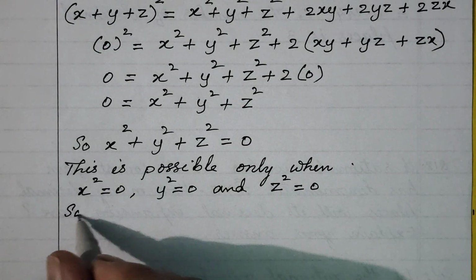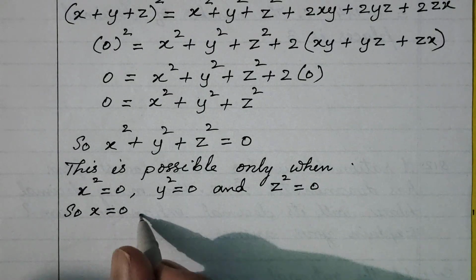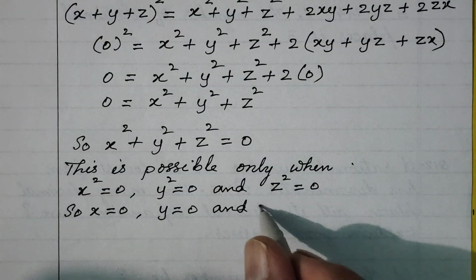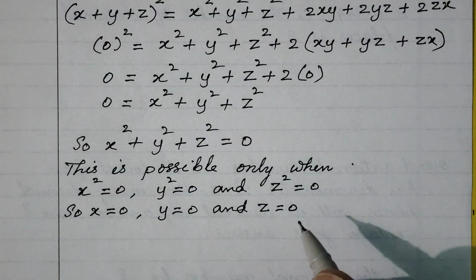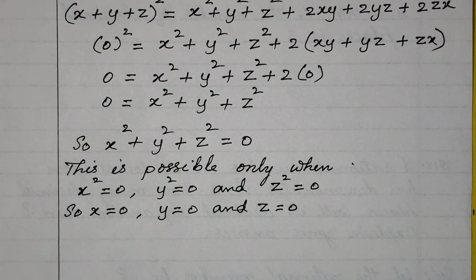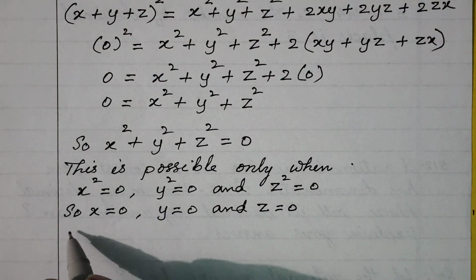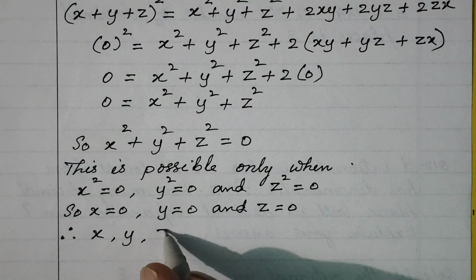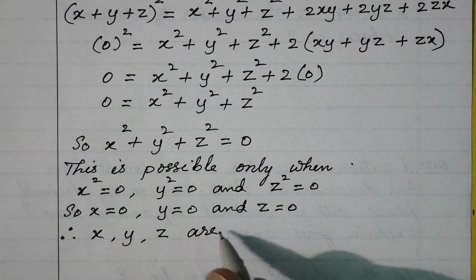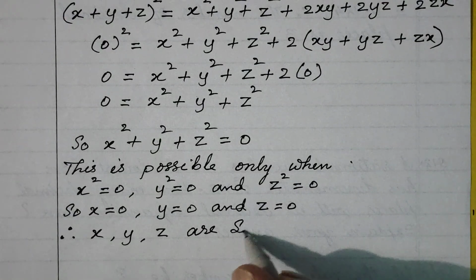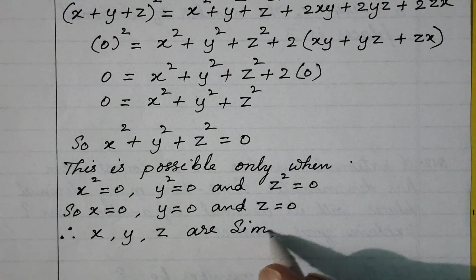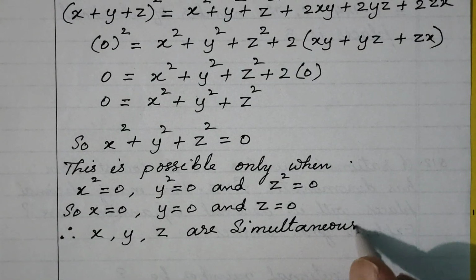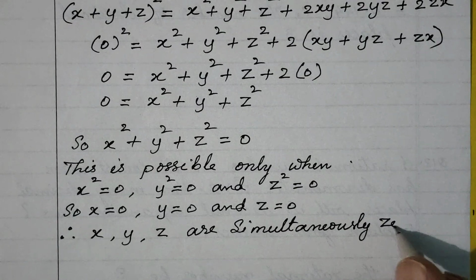So x is equal to 0, y equal to 0 and z is equal to 0. Therefore, x, y, z are simultaneously 0.